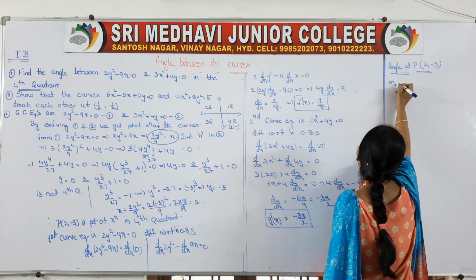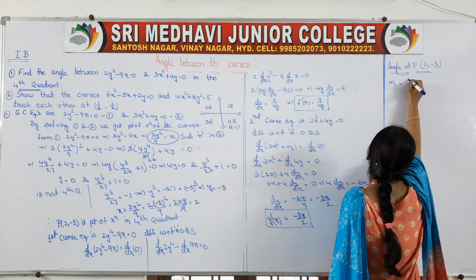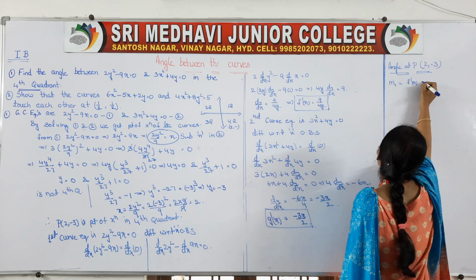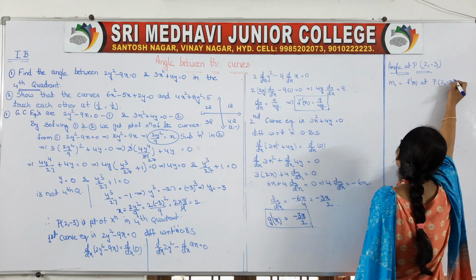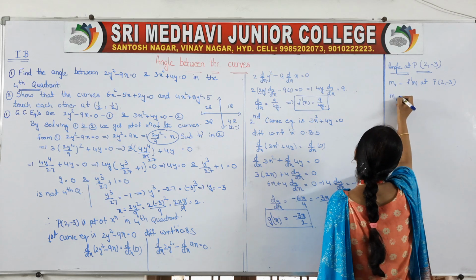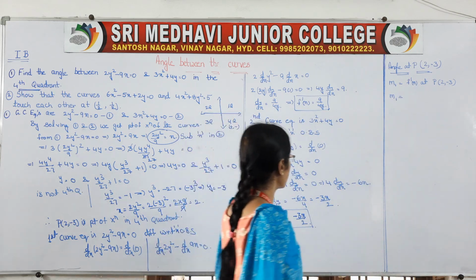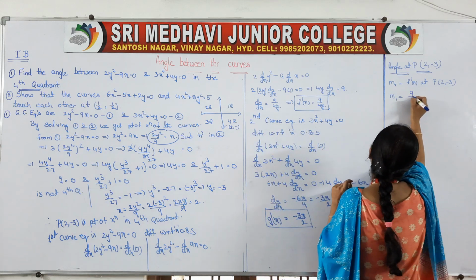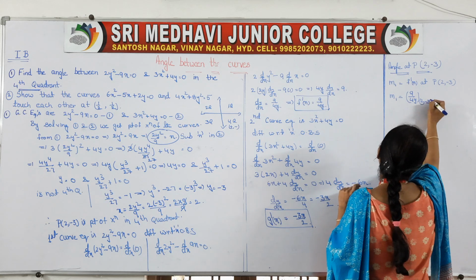First we have to find M1. M1 is equal to f dash x at your point P 2 comma minus 3. So M1 is equal to f dash x. What is your f dash x? 9 by 4y at 2 comma minus 3.